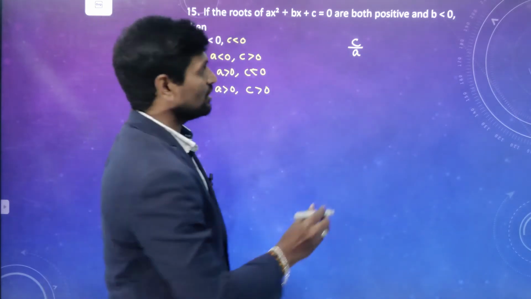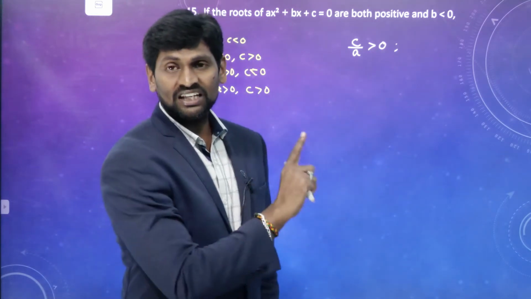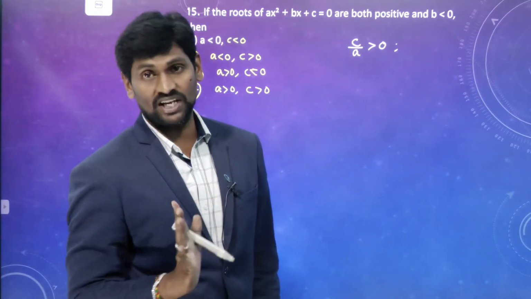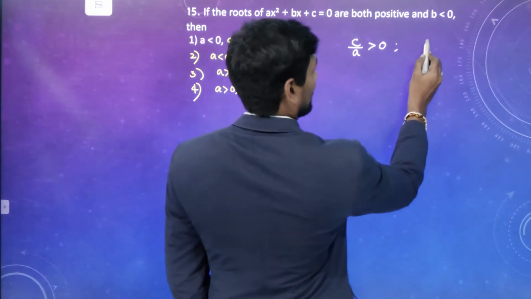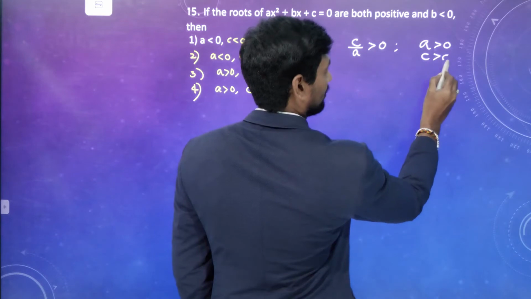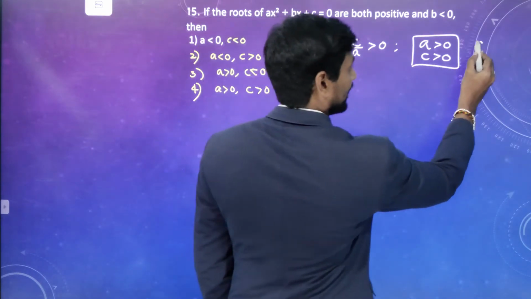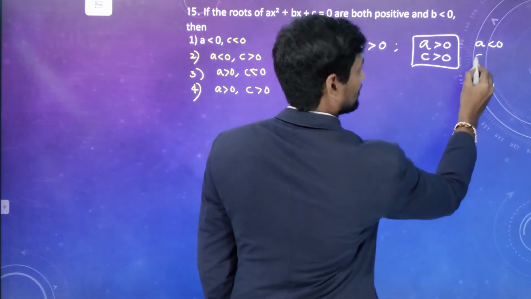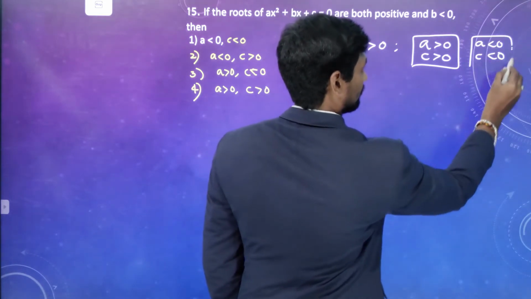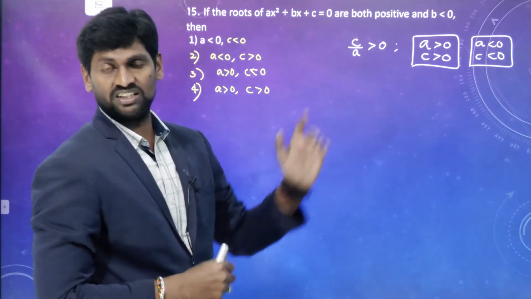If c by a value is greater than 0, then a and c always have the same sign. That means a value can be greater than 0, c value can be greater than 0. First condition, same sign. So they can be negative also, right? A less than 0, c less than 0. Both chances if product of roots value is greater than 0.